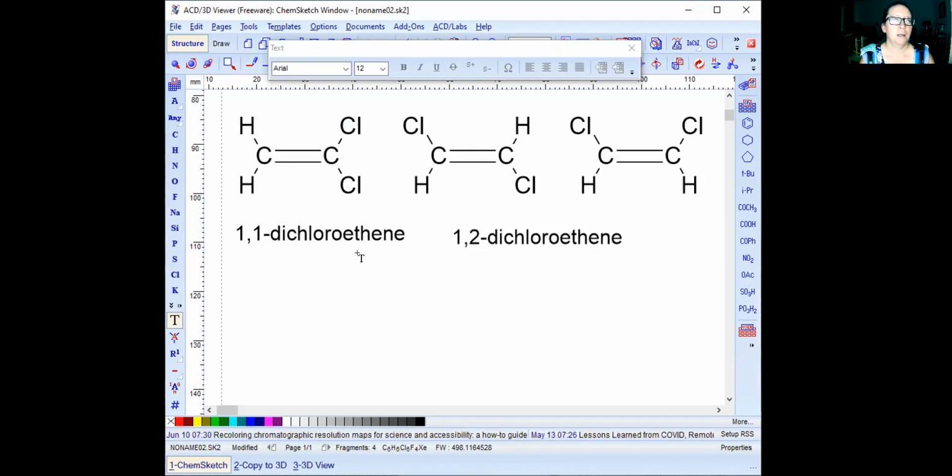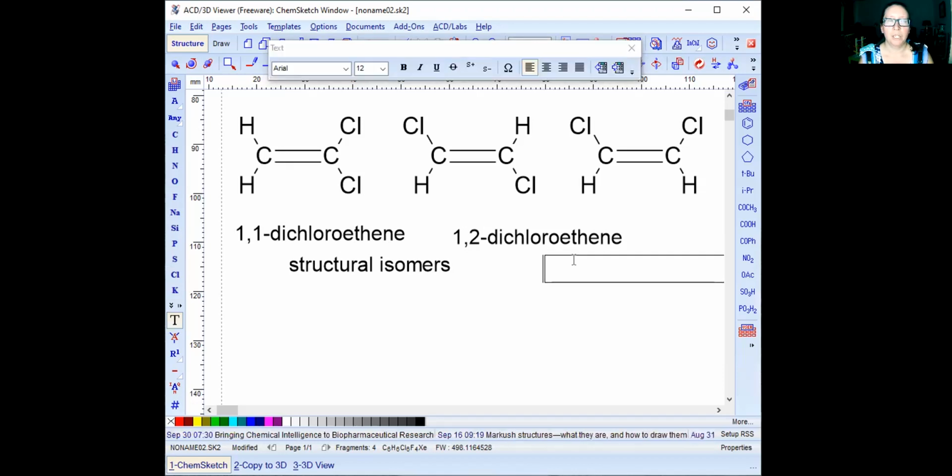So this would be an example of structural isomers because 1,1-dichloroethene and 1,2-dichloroethene are going to be structural isomers because the way that the atoms are bonded, or to which atom the atoms are bonded, are different.